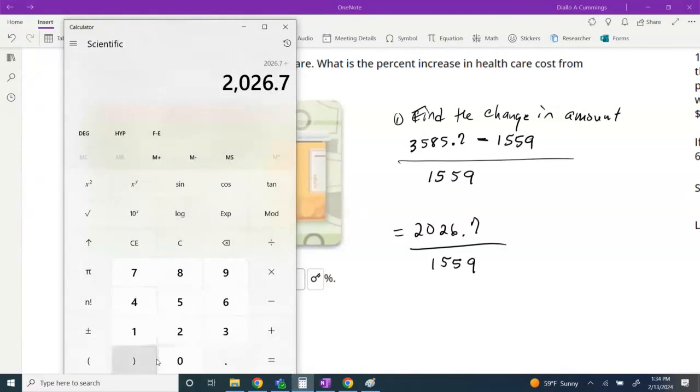So I'm going to divide by 1,559. That equals 1.3.